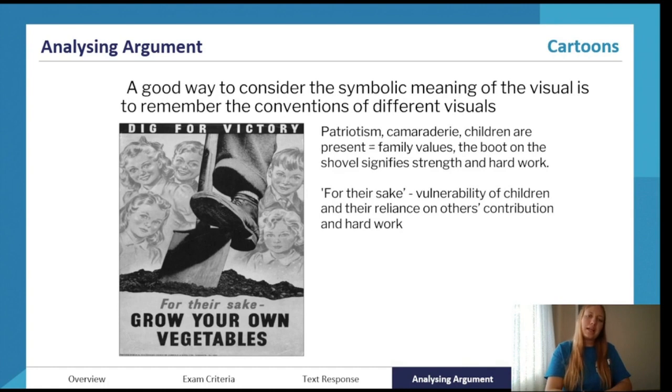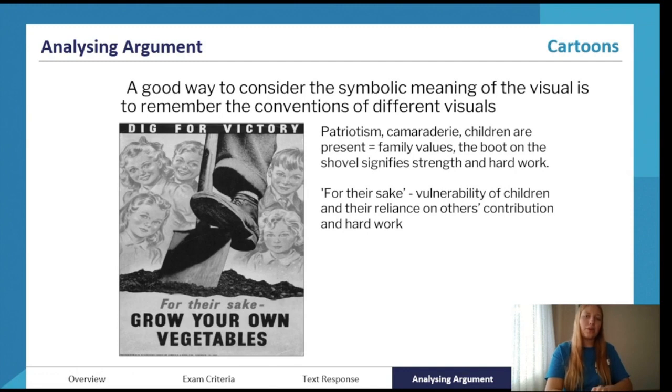So we can interpret that shovel with the shoe from two different perspectives. We can talk about the boot on the shovel signifying strength and hard work, because this slogan does have a different argument. This is prior to the garden movement, where it's saying grow your own vegetables.